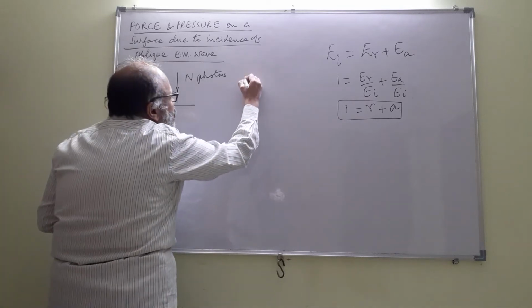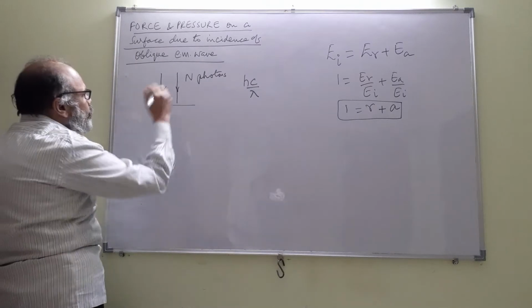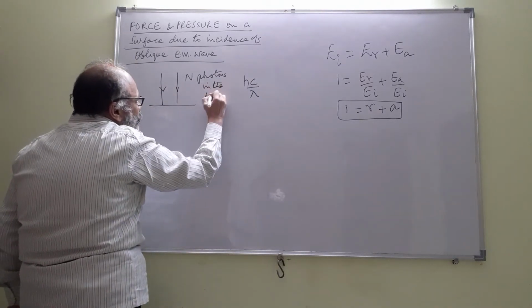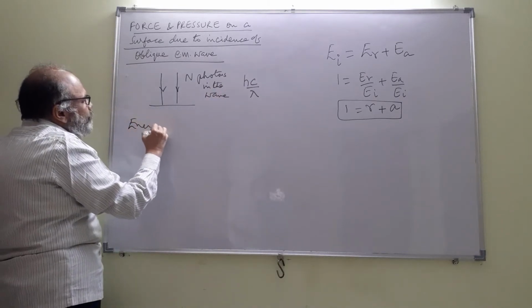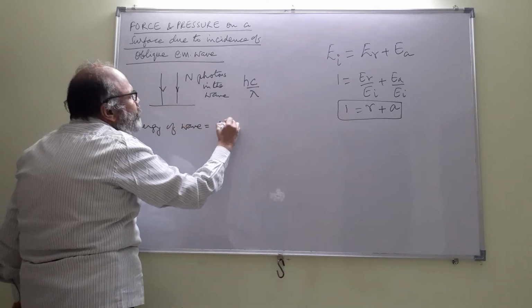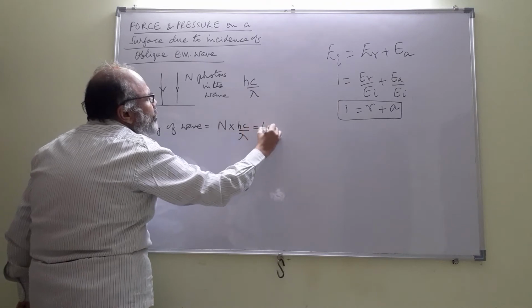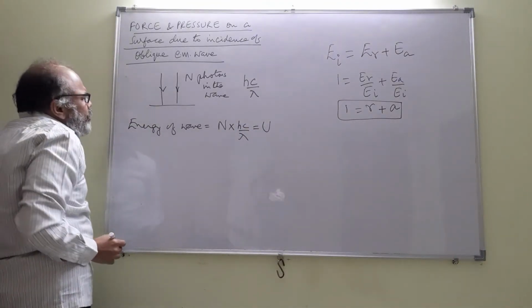Each photon has an energy hc by lambda. So there are n photons in the wave, and the energy of the wave would be n into hc by lambda. This is denoted by the symbol u. That is the energy of the wave.